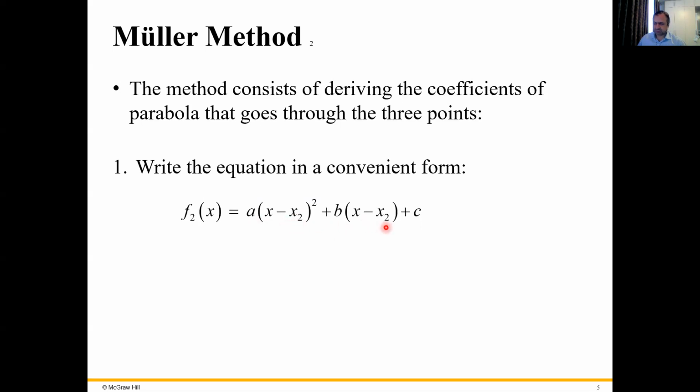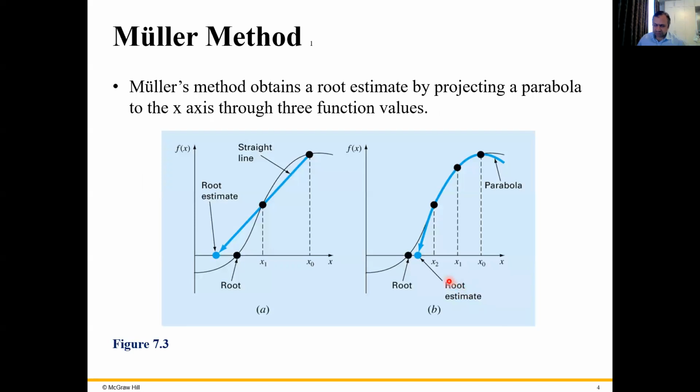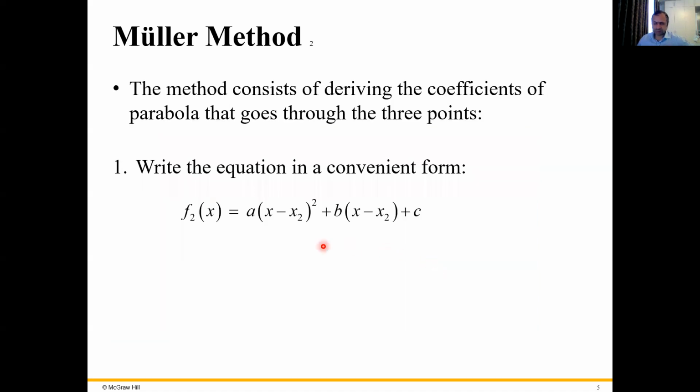If we chose x1, then maybe we would want the point that will be closer to x1. But in this case, our solution is somewhere here, and the closest point to that is x2. So that's why we choose x2 over here.